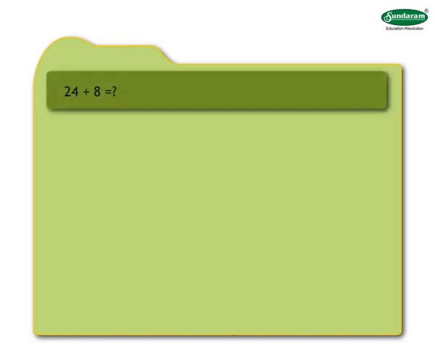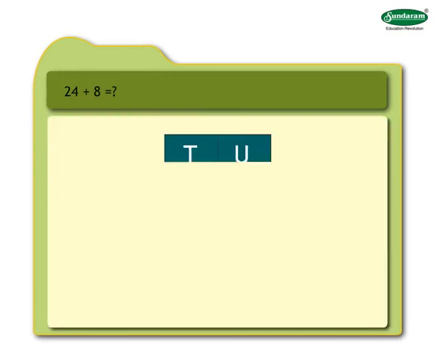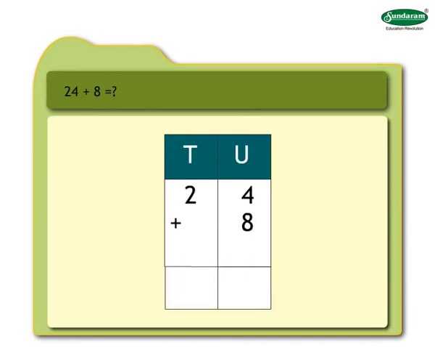Now, let's solve a few more additions. 24 plus 8 is equal to what? Solution: place the numbers vertically. In units place, 4 plus 8 is equal to 12 units. 12 units is equal to 1/10 and 2 units.